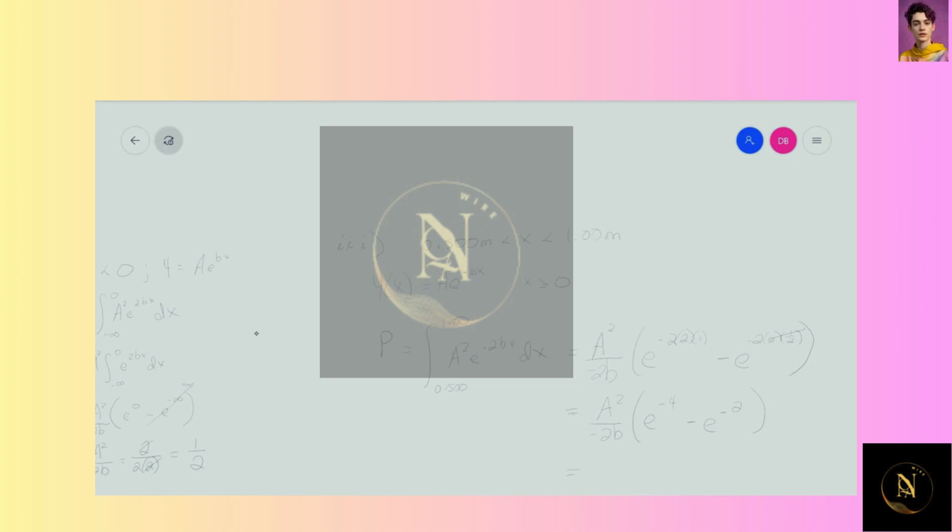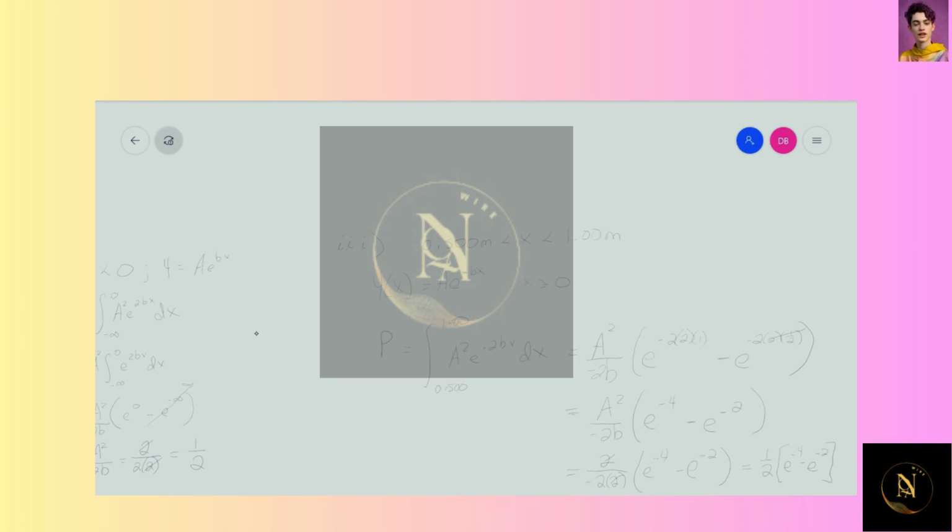Okay, so we have a decent answer here. Putting this into the calculator and evaluating this, for a squared, that's going to be 2, and negative 2 times b, which is also 2. I'm going to leave the e's as they are, e to the negative 4th minus e to the negative 2nd. When I simplify all of this, I get 1/2 times e to the negative 4th minus e to the negative 2nd power.